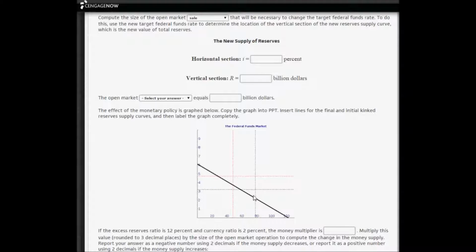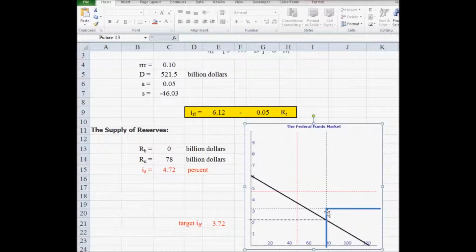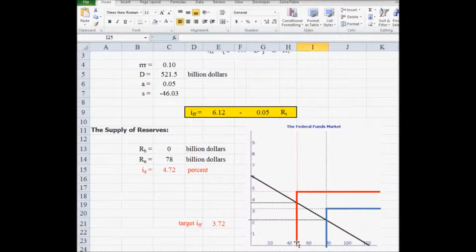I've copied and pasted this into Excel here. So again, we have the initial supply curve, which is at $78 billion. And then you go up until you get to the discount rate of 3.22. The new supply curve is at this value, which looks like it's between 40 and 50, but closer to 50. And you go up until you get to the new discount rate, which is 4.72.